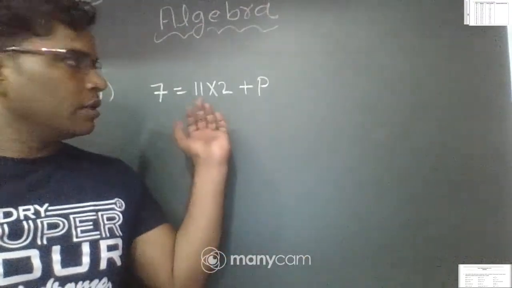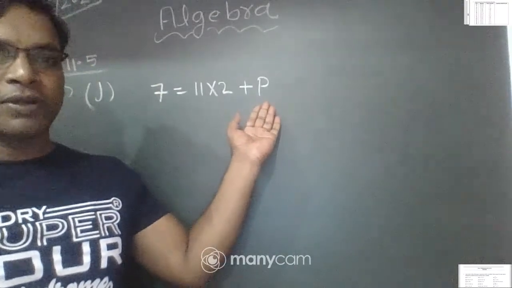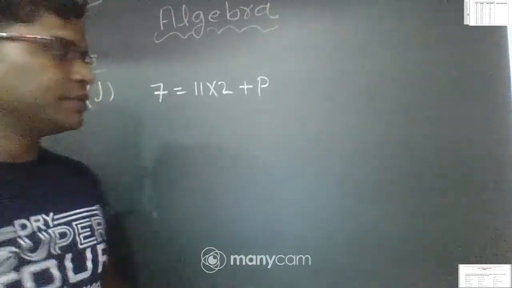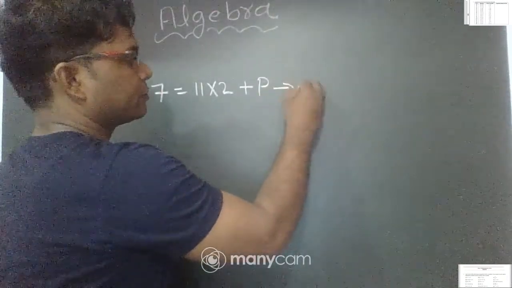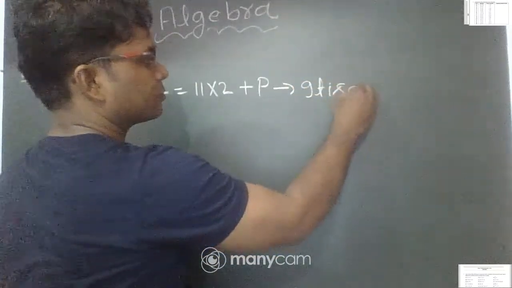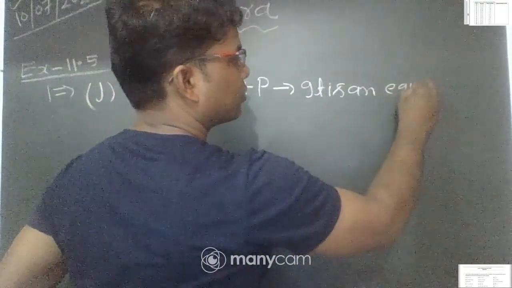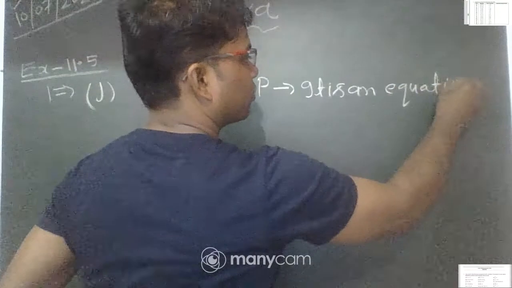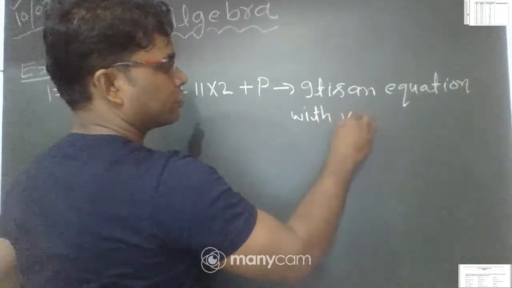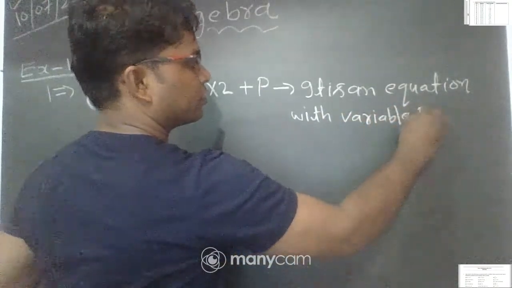And in the equation, what is the variable? Variable is p. So you can write here, it is an equation with variable p. Clear?